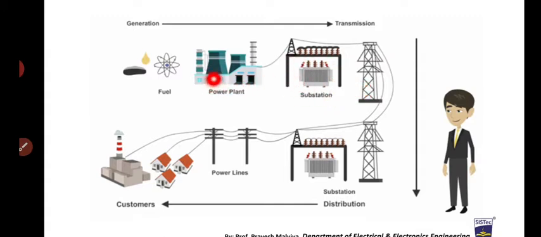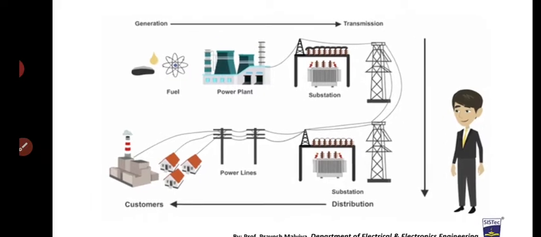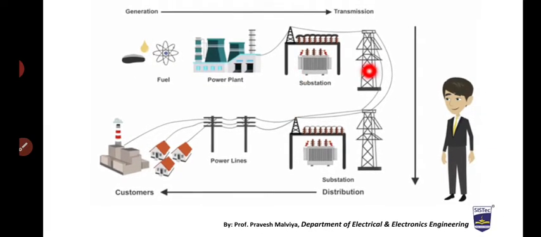So at generation power plant, we have a step up transformer to increase the voltage level of the generated voltage. Why we are doing this? To reduce the I square R losses, we have to increase the level of voltage for transmission. So this section where the power is transmitted over long distances is known as the transmission section of the power system.